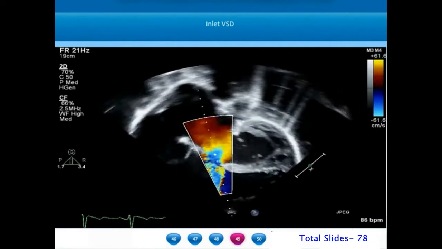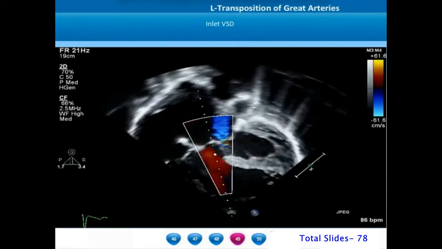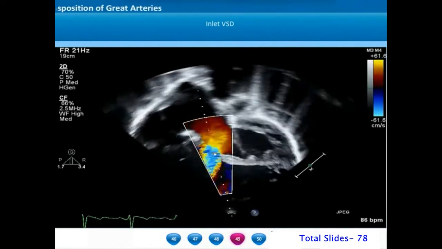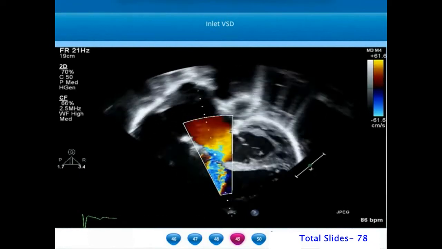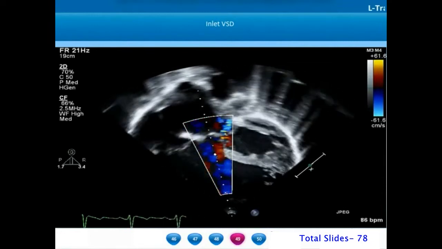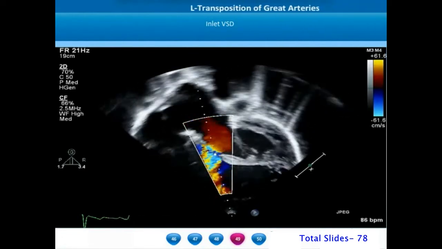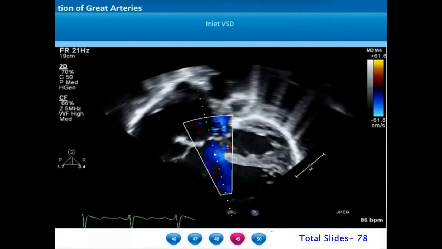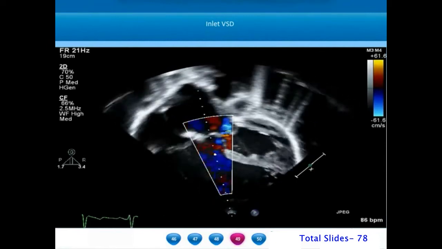In this inlet ventricular septal defect, since the tricuspid valve apparatus is attached with its caudal attachments to the margins of the ventricular septal defect, in systole, there is a restriction of the blood flow from the morphological right ventricle to the left ventricle. This restriction is shown as a mosaic turbulence of the VSD jet. The restriction of the ventricular septal defect is caused by the septal attachment of the tricuspid valve apparatus.